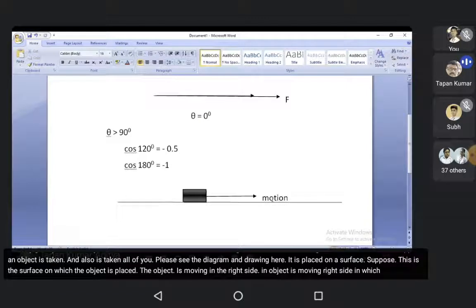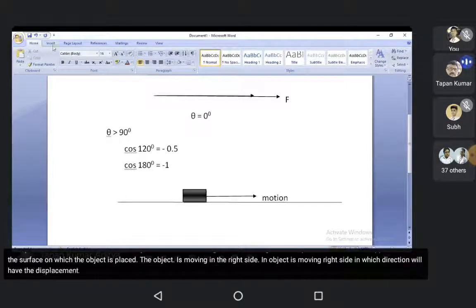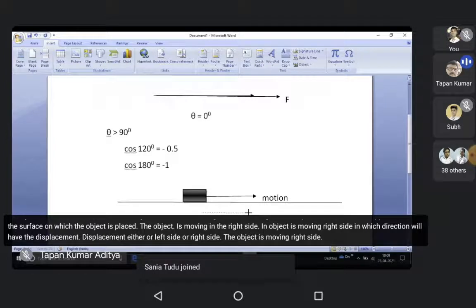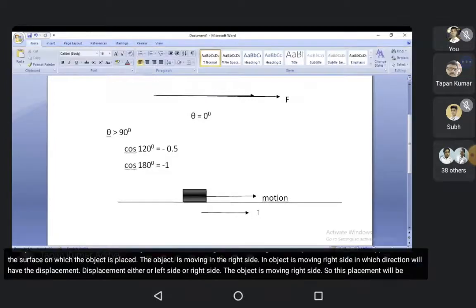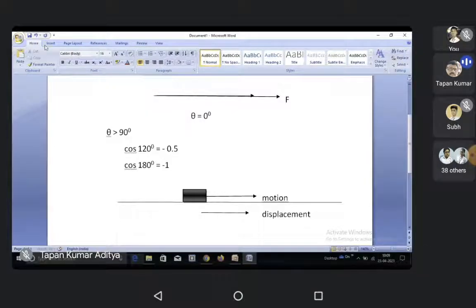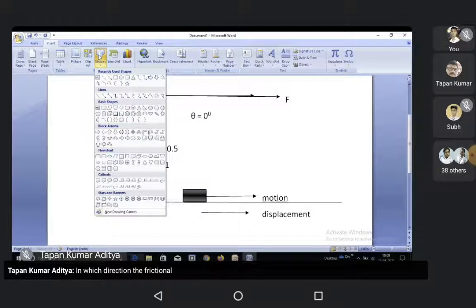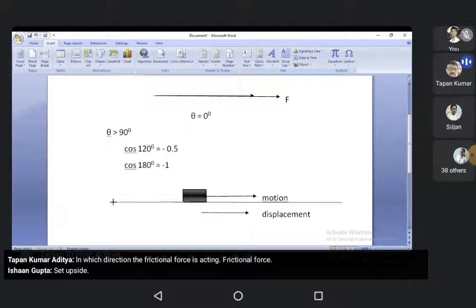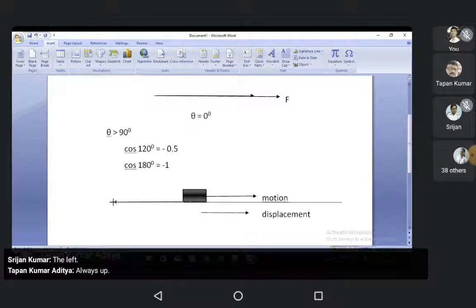In which direction will you have the displacement, left side or right side? The object is moving right side, so displacement will be on the right side. In which direction is the frictional force acting? Left side, always left.